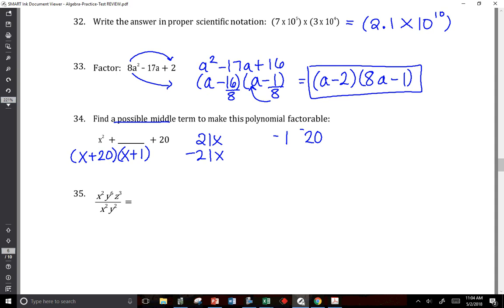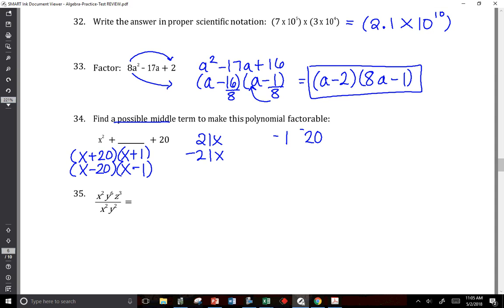and we could also do, what, 2 and 10? Couldn't I do x plus 2 and x plus 10? And so in the middle would be 12x. So I have 21x as a possibility, 12x as a possibility. Couldn't I do 4 and 5?